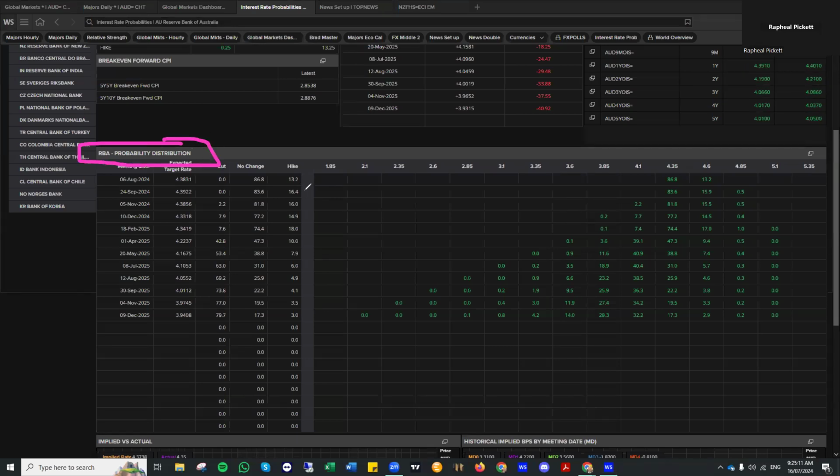And this is what you could be looking at more so, interest rate probability distribution on a daily basis or weekly basis. And if you start to see a bit of a shift here in, say, the September or November interest rate predictions, well, then that's when you can start managing that long-term position.